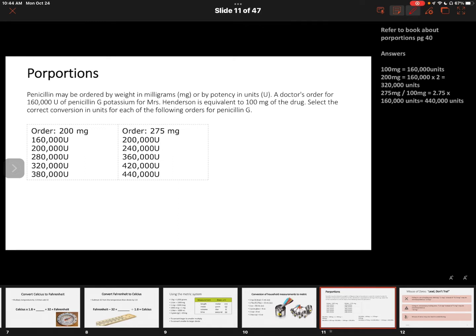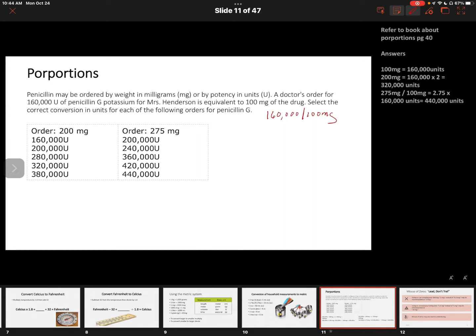A doctor's order for 160,000 units of penicillin G potassium for Mrs. Henderson is equivalent to 100 milligrams, meaning per 100 milligrams. Select the correct conversion in units for each of the following orders for penicillin G.